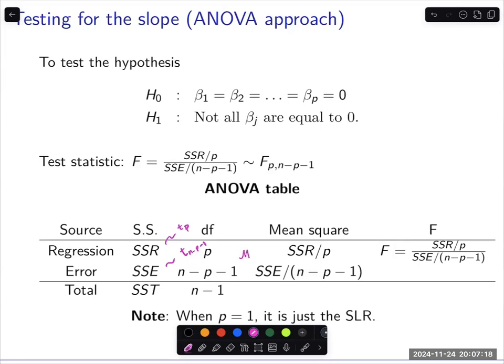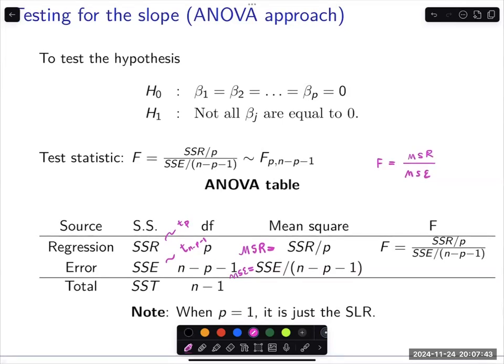Similarly to simple linear regression, MSR represents the mean square of the regression model, and MSE represents the mean square error, and the F statistic is just MSR divided by MSE. Similar to simple linear regression, the larger the ratio is, the more significant the model is in explaining the data.